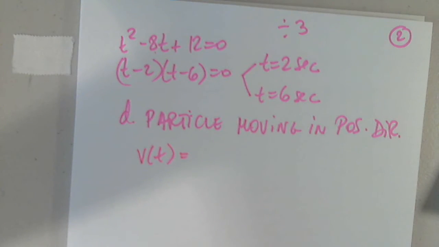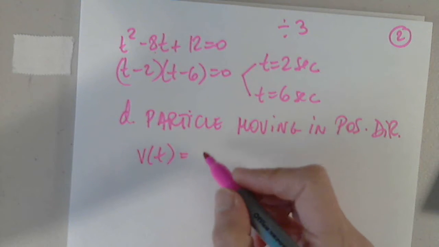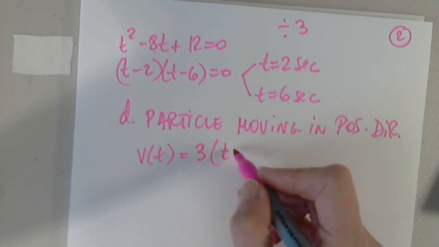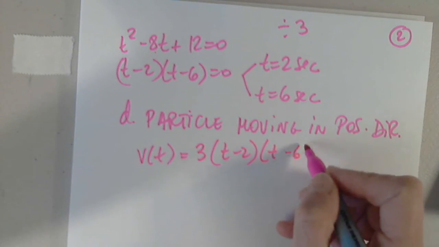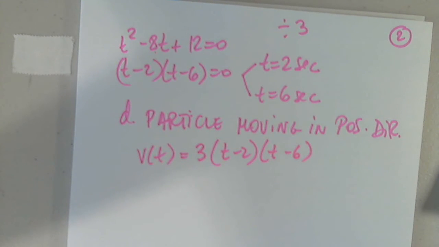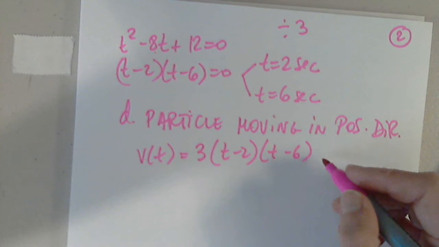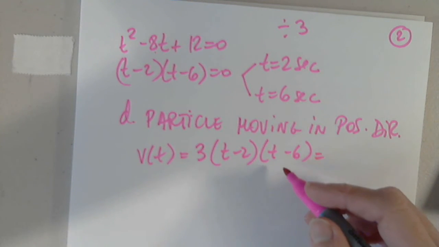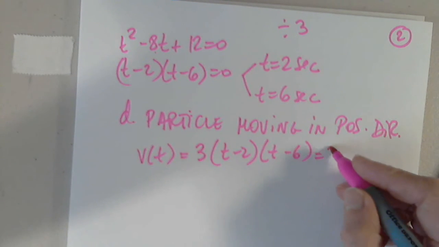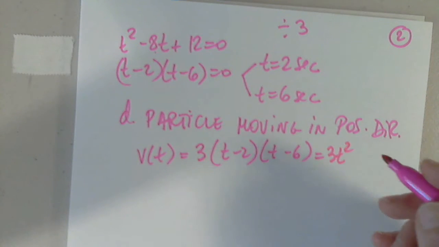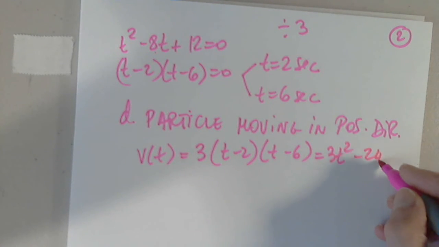So v of t is given to us, and this time I have 3, t minus 2, and t minus 6. Which is the same as the non-factored form, but I have to use the factored form if I decide to study the sign. If I have to study the sign, I have to use the factored form.